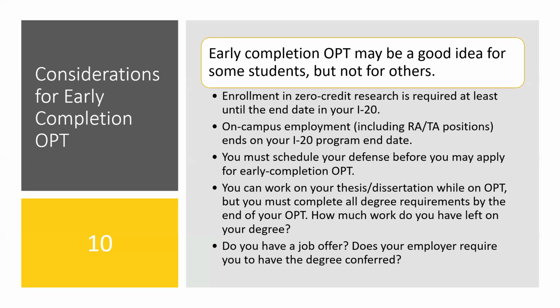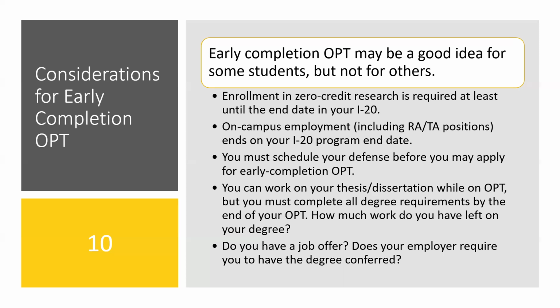But if you have a significant amount of work left on your dissertation, you may not want to choose early completion OPT. And that's because if you're at the end of your OPT and you still have not defended or completed your dissertation, your F1 status can no longer be extended at that point. So you really want to make sure that you've discussed with your department and your advisor that you do have a defense date.